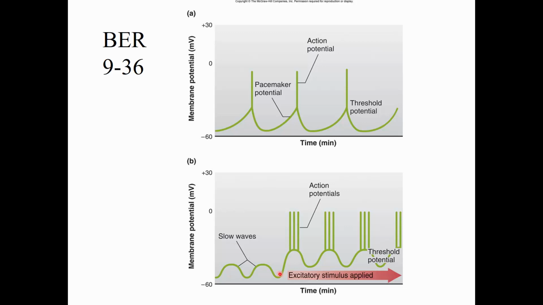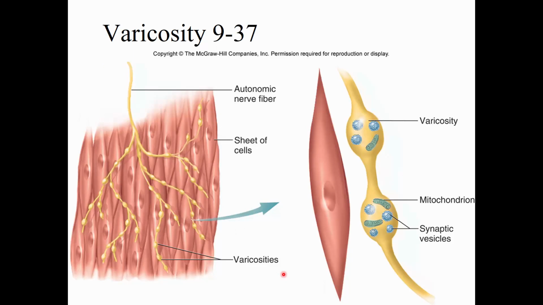This is very much how it is in the gut. Here shows the varicosities. So we don't have discrete synapses, but we have little bulbs that have neurotransmitter. They release the neurotransmitter, and wherever receptors are to pick up the neurotransmitter will then respond and contract.